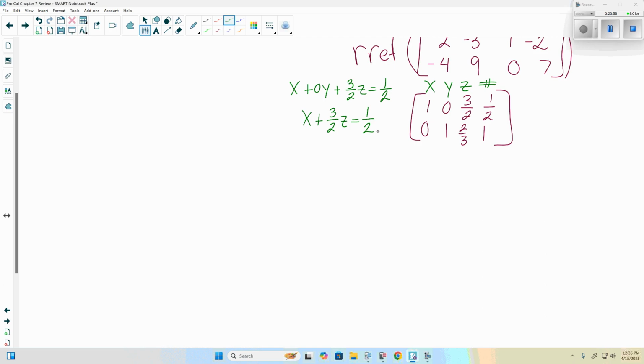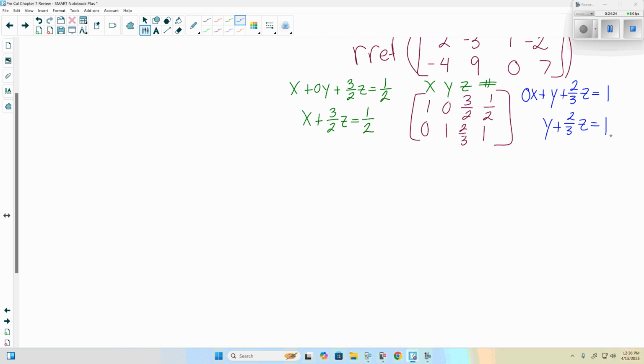That is what the top equation is saying. The bottom set of numbers is that 0x plus 1y plus 2/3 z is equal to 1, or really y plus 2/3 z is equal to 1. Questions on this so far?